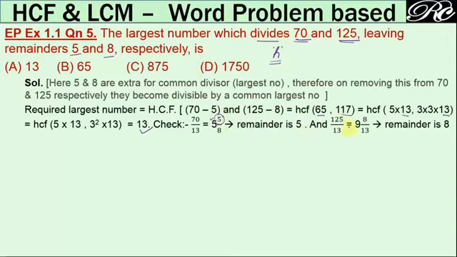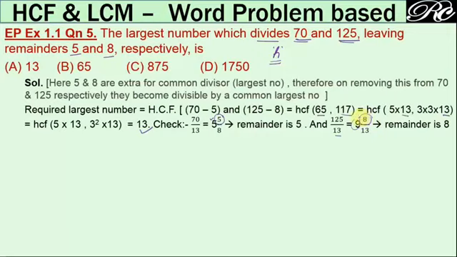And again dividing 125 by 13, it goes 9 times, and the remainder is 8. So on dividing 70 and 125 by the common number 13, we are getting the remainders 5 and 8.